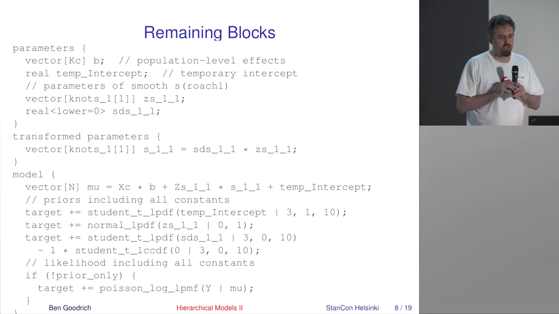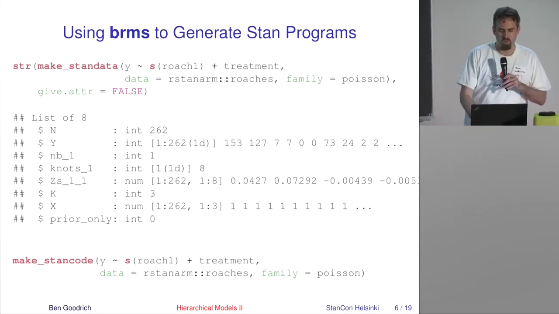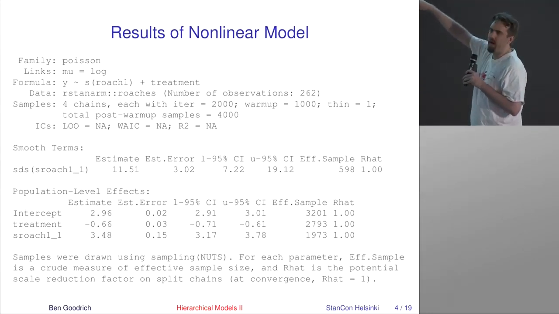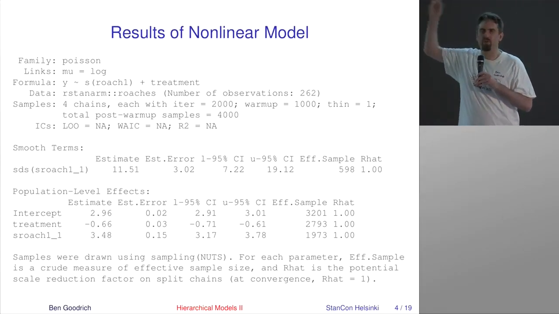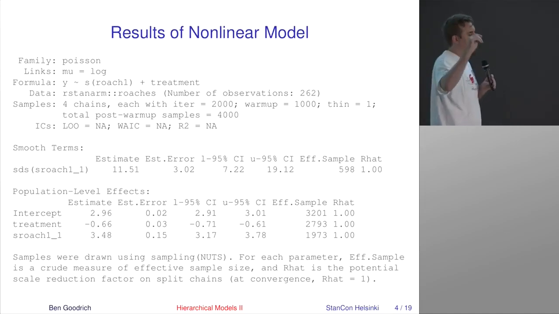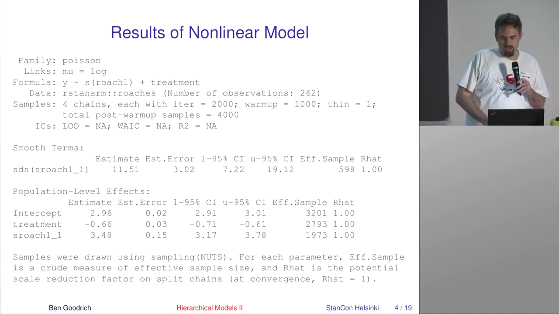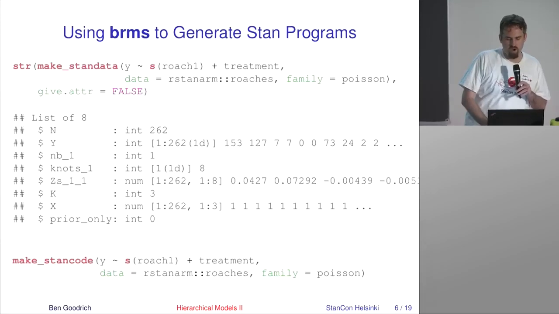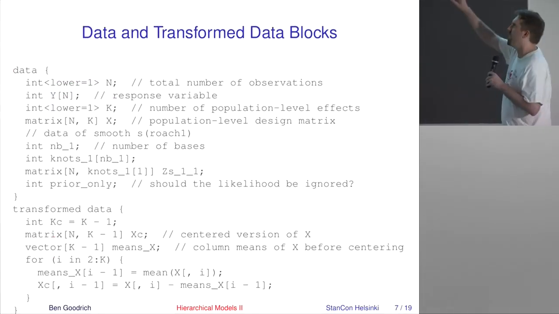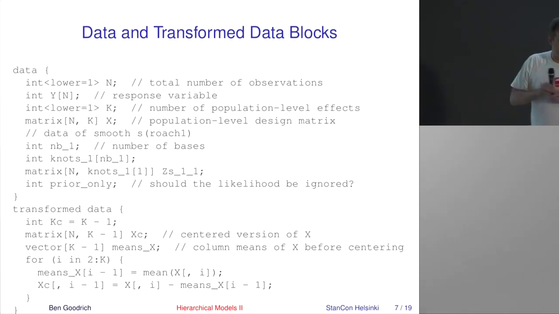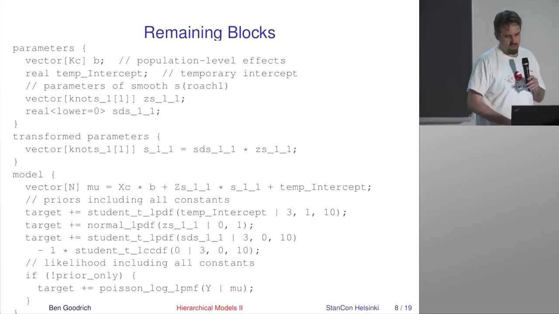So the posterior distribution of the intercept reported here, 2.96, that is the posterior mean of the intercept corresponding to the original uncentered predictors, which is probably the one you want for inference, but for efficiency reasons, we tend to want to do centering.